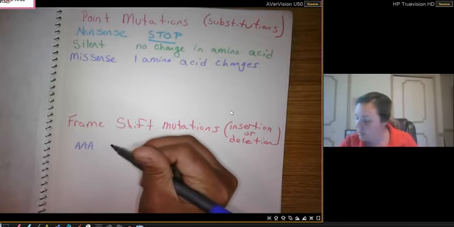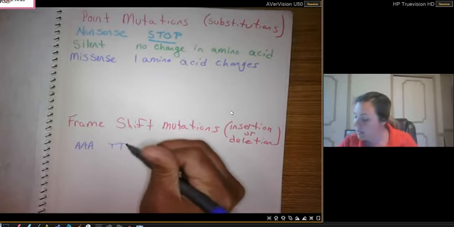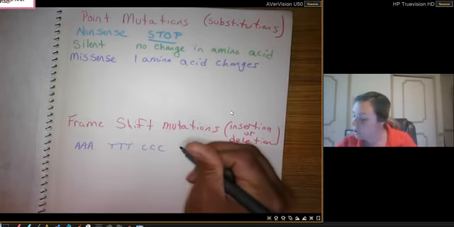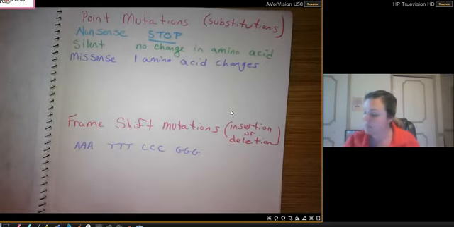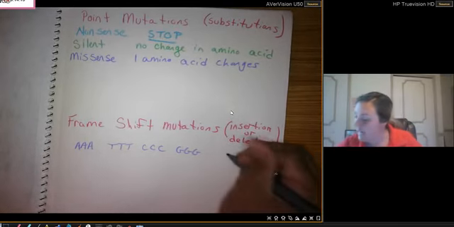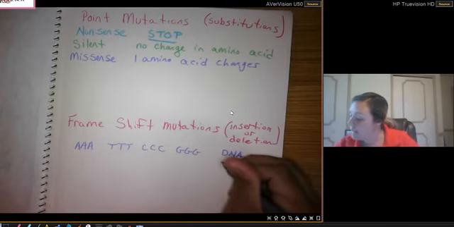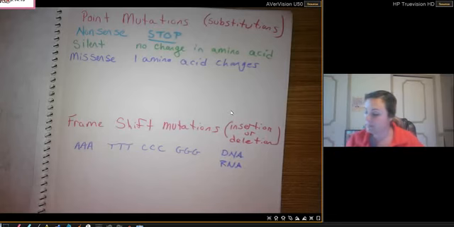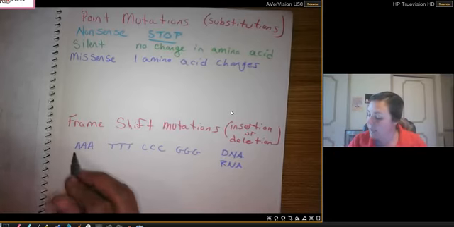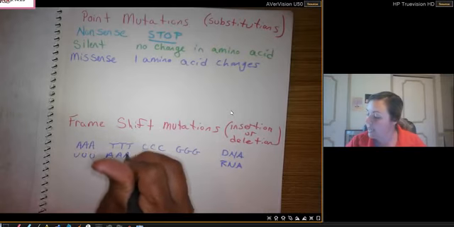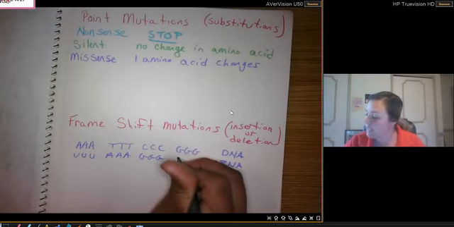So I'm going to make the triplets the same, C, C, C, and G, G, G. Okay, so if this is our DNA code, and we transcribe it to RNA, we now have U, U, U, and A, and G, G, G, and C, C, C.